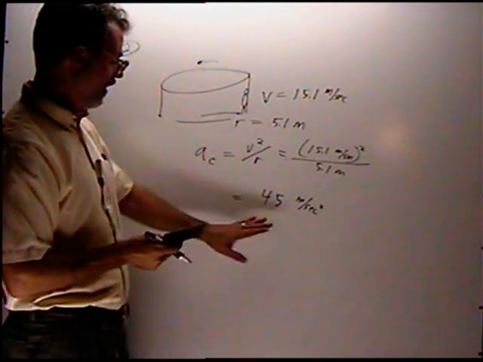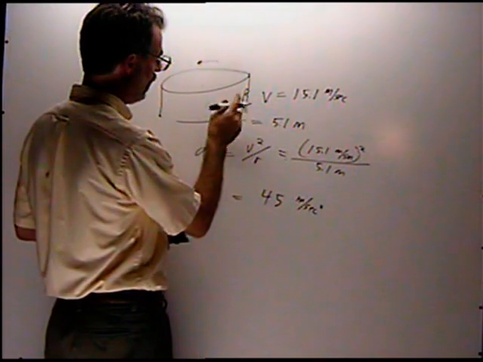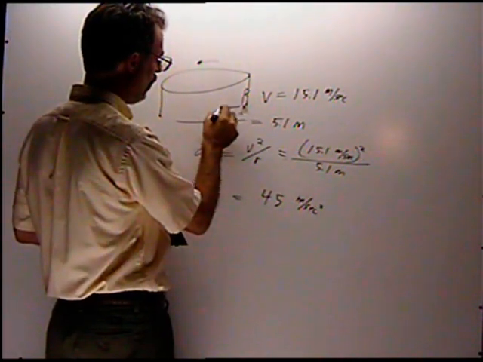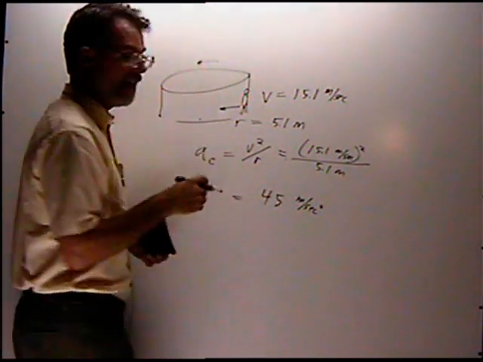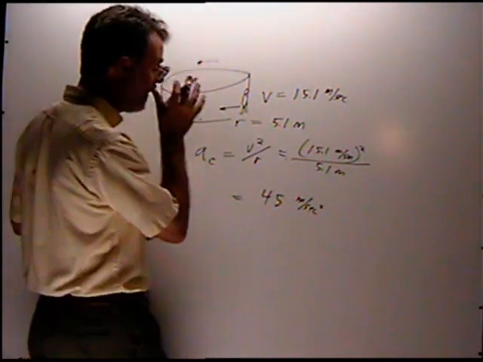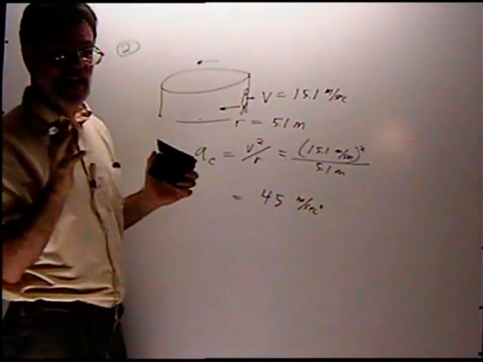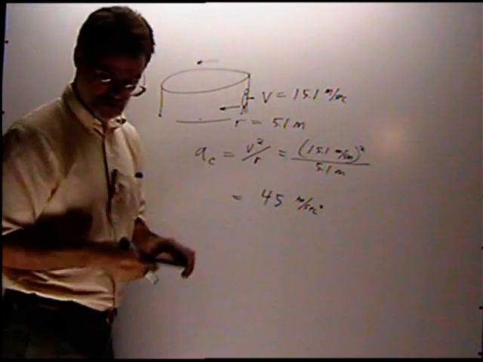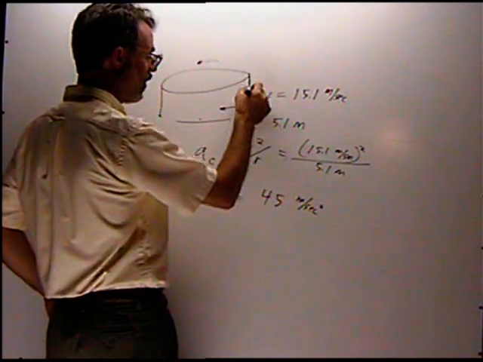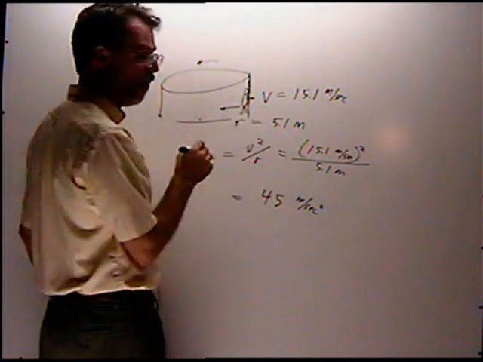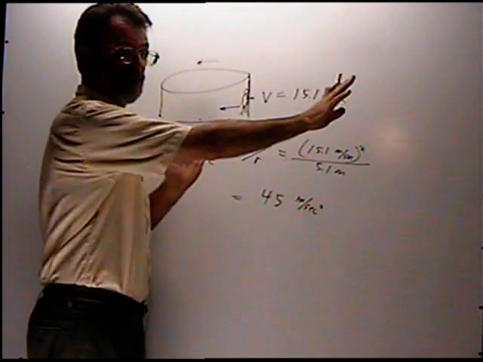Okay, so that's the acceleration, and the acceleration is directed to the center, but actually what do you feel? What you feel is the centripetal acceleration throwing you back, right? That's actually what your body feels, but fortunately you feel the wall, and it's a good thing you felt the wall, because if you didn't feel the wall, you'd just go flying out.